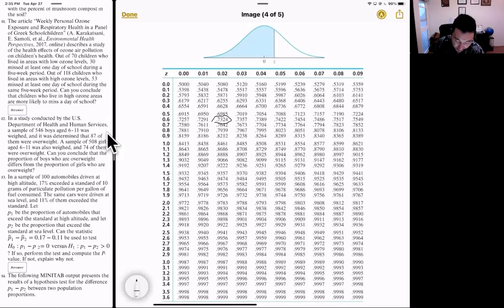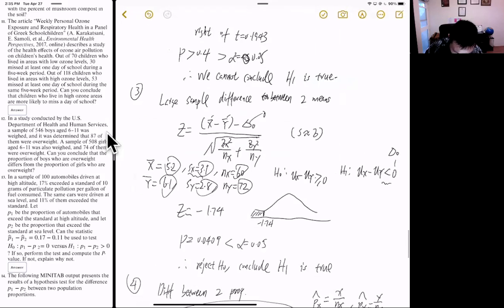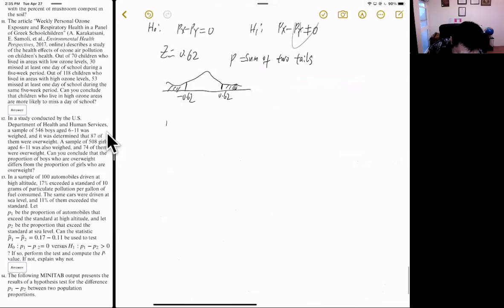For the right-hand tail, on the right of the z value of 0.62, it will be 1 minus 0.7324, which is 0.2676. That's this area.